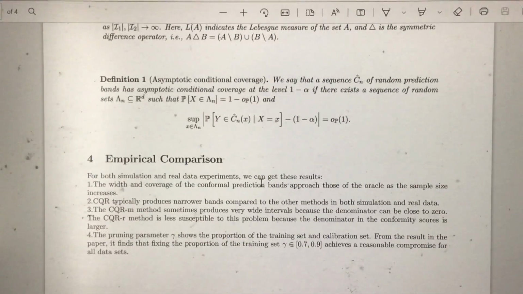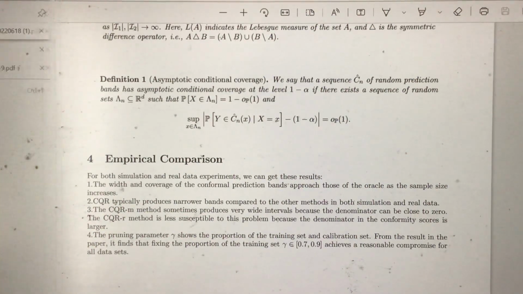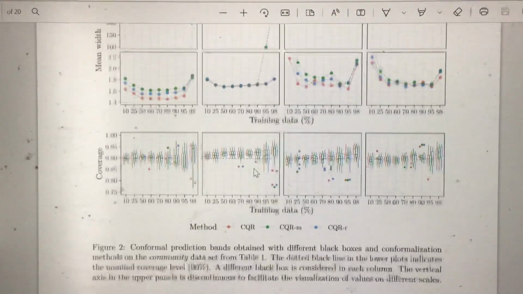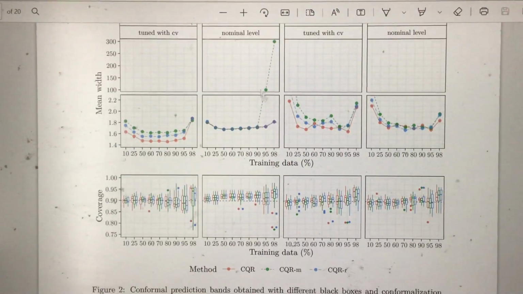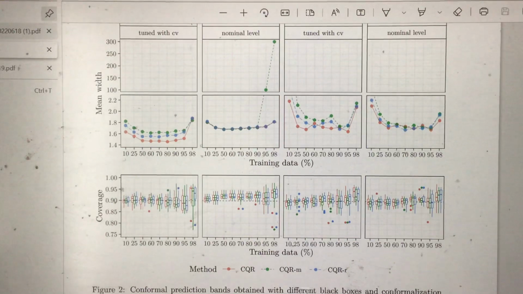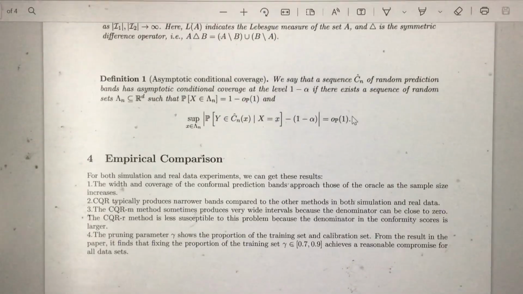So the performance of CQR looks more stable, and also a little bit better, right? Here we can see sometimes for CQRM the average length goes to 300. This is very large, right? That's just because the denominator is too small, so the value becomes very large.